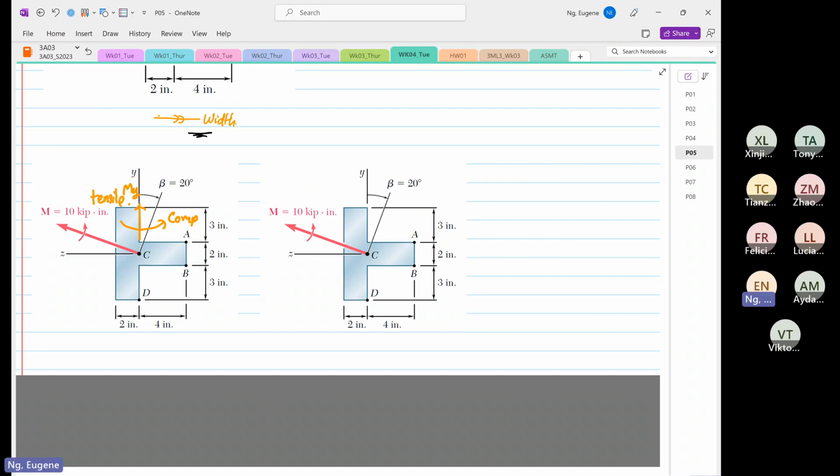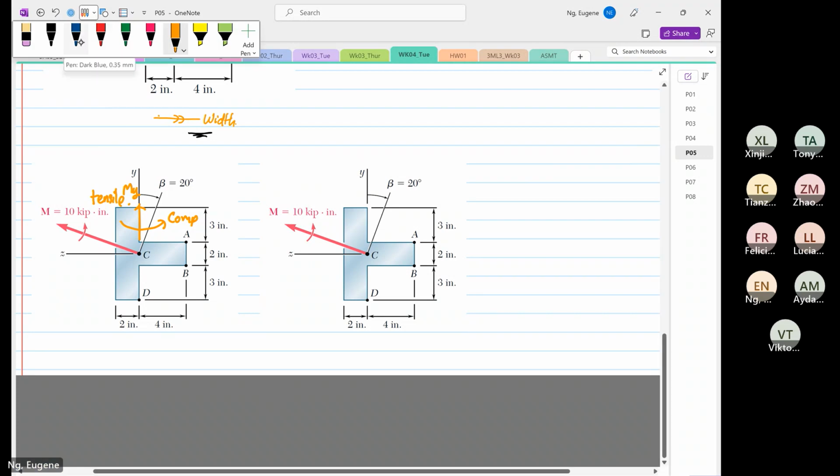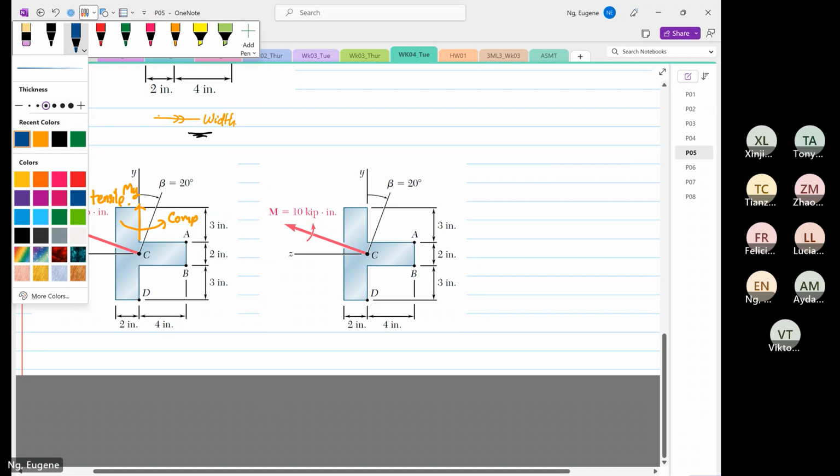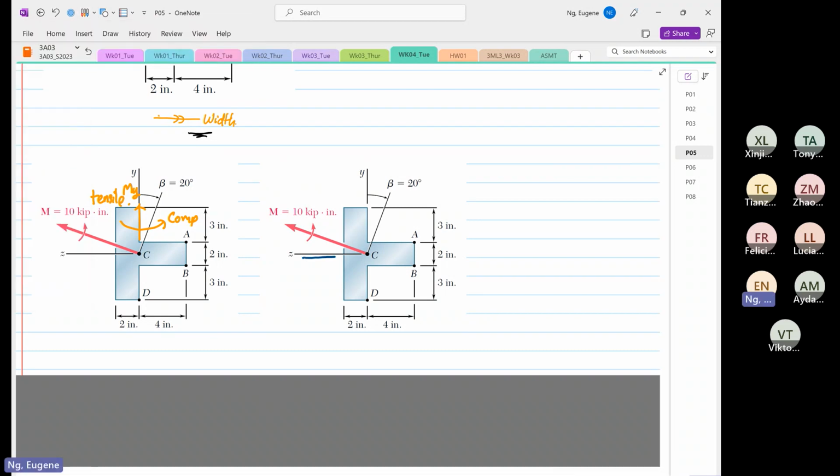And then MZ. Okay, so this is our MZ. This will be compression. And this is tension.